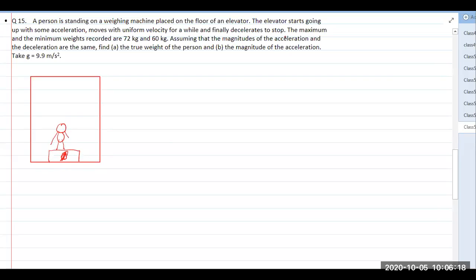So there are three cases. In the first case, there is upward acceleration. While accelerating upward, what are the different forces that will act? There will be its weight mg.